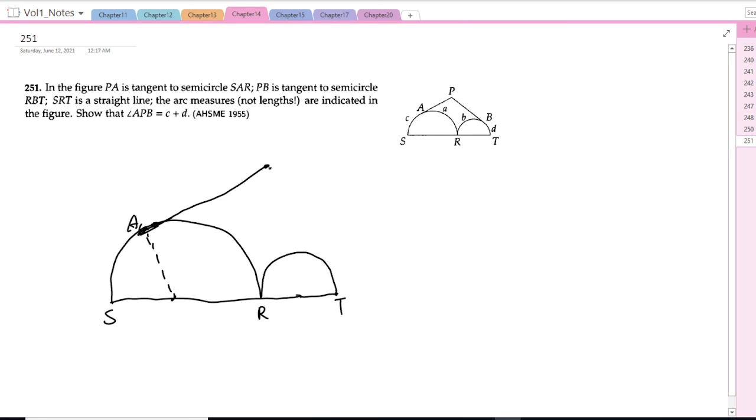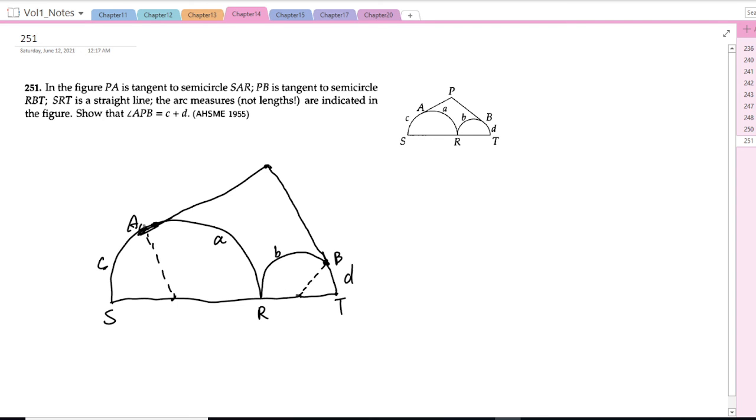And PB is tangent to the other small circle. Then we have the arcs notated as C, A, B, and D.